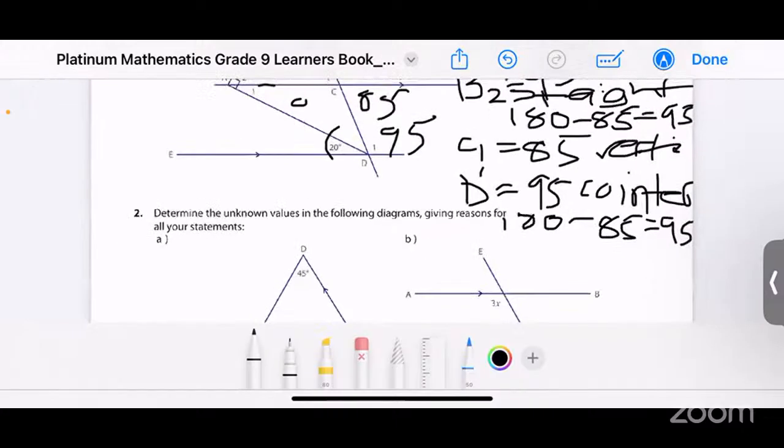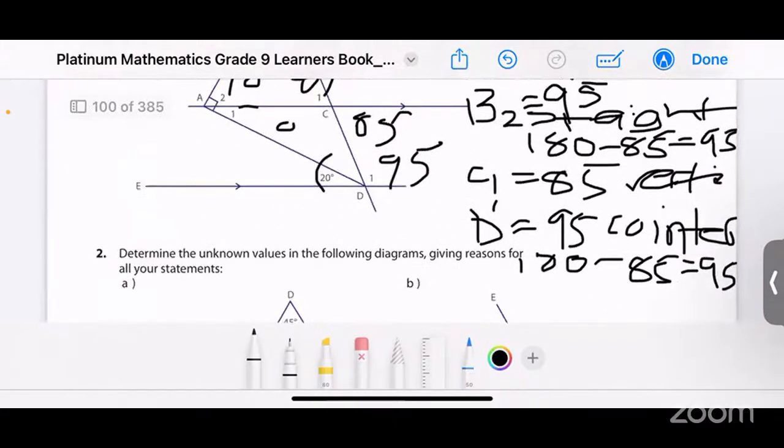So did you see, if we talk of reasons, what we mean? Grade 9s, are you still there? Yes, ma'am. Do you understand that when you talk of reasons, you must give reasons at grade 9 level?